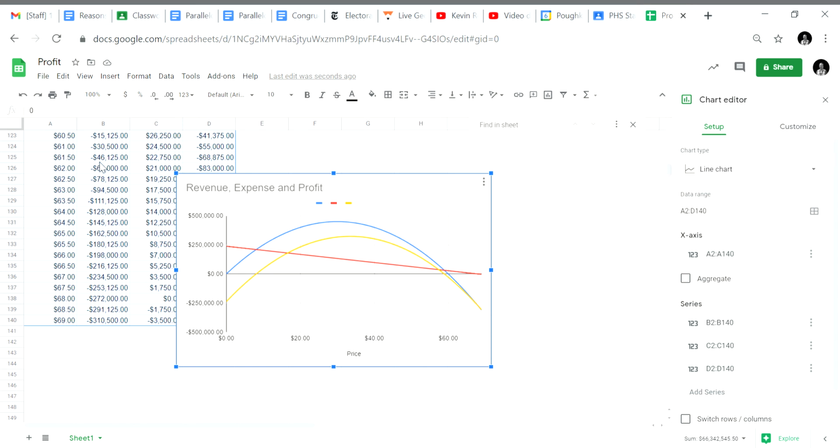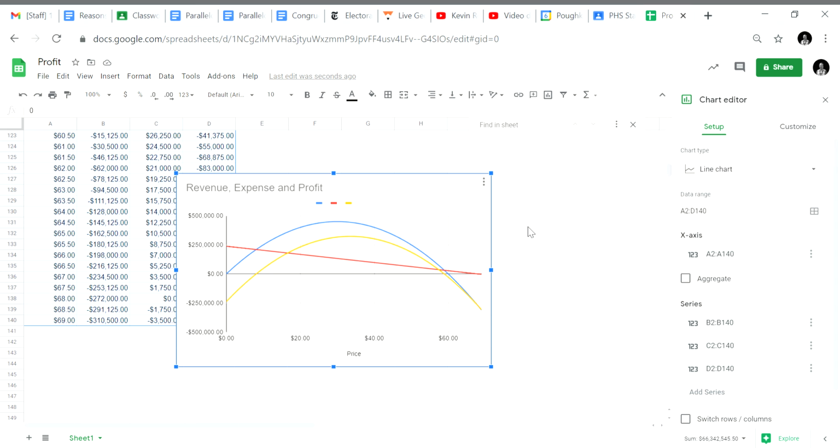First thing I want you to notice, both the blue and yellow are parabolas. However, the blue has a higher max than the yellow. Why is that? Well, revenue is going to be higher than profit because you take away expense, and that is going to be your profit.